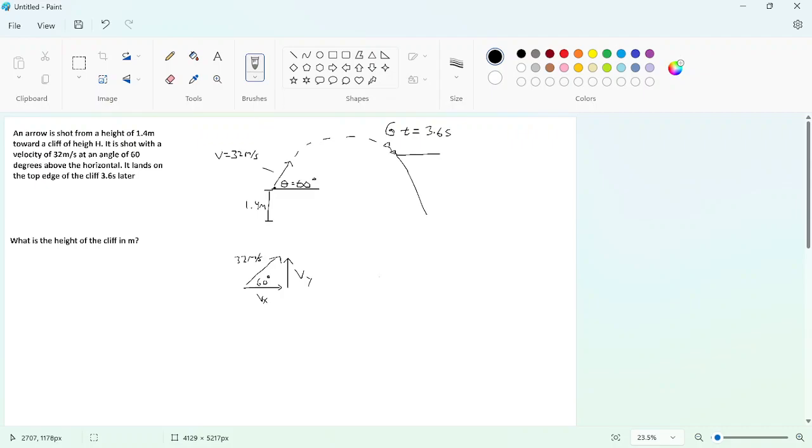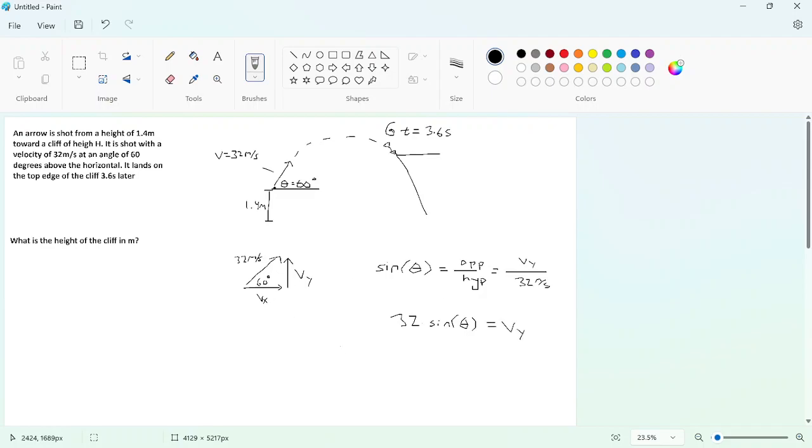Sine of theta is equal to the opposite over hypotenuse, which in this case is equal to Vy over the magnitude of the velocity, which is 32 meters per second. So, how do we isolate Vy? We'll just multiply both sides by 32, or the hypotenuse, and we'll get Vy.